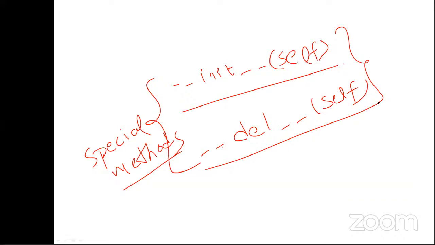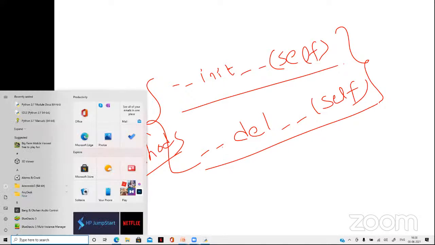At the time of deallocating the memory, the del method executes. We'll work with a small example on how and when it works. So I'm opening Python.